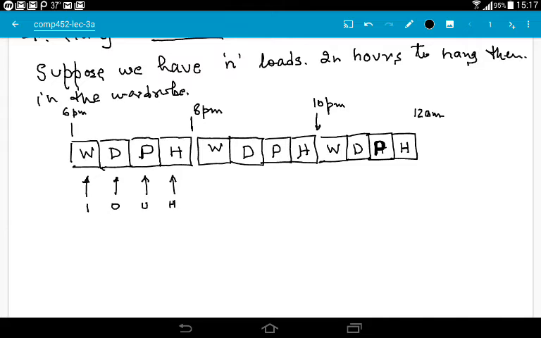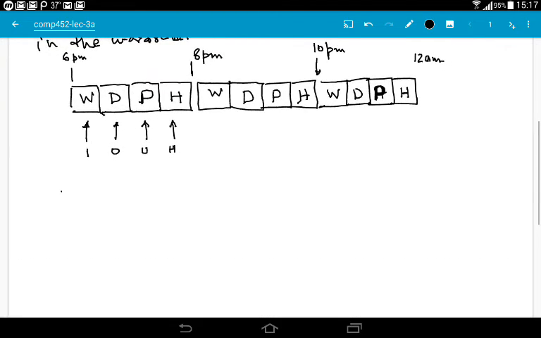So let's do another strategy. At 6 p.m. I put the first load in the washer. Okay. At 6:30 p.m. that washed load is handed over to, let's say, Umar to put into the dryer.